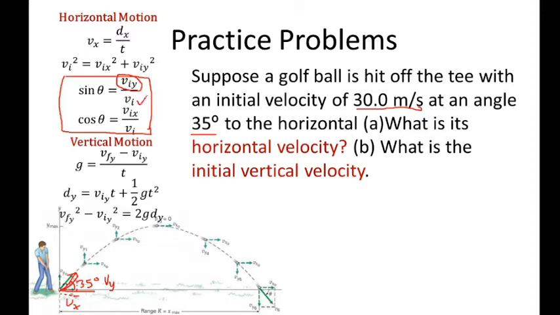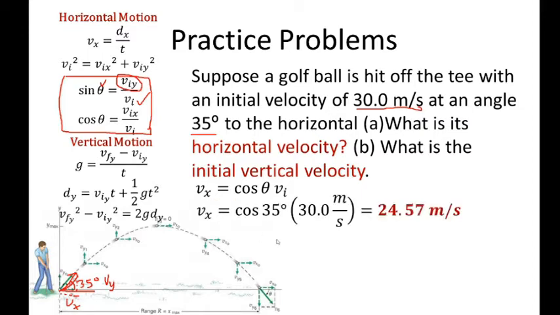So this one is given, the initial velocity, and the angle is also given. So we can compute for the initial velocity in the y and the initial velocity in the x. So to compute for the initial velocity in the x, vx, that is cosine theta times vi. Substituting values, we have cosine 35 degrees times 30 meters per second, the initial velocity.